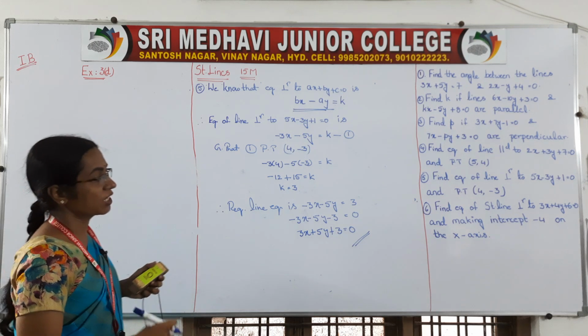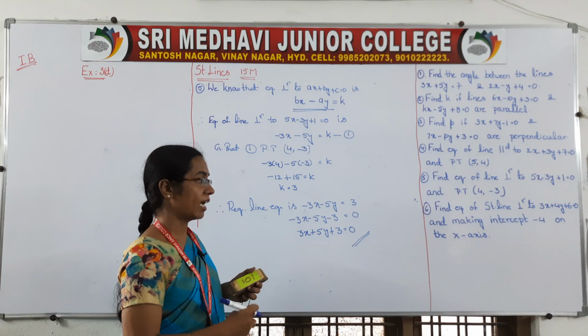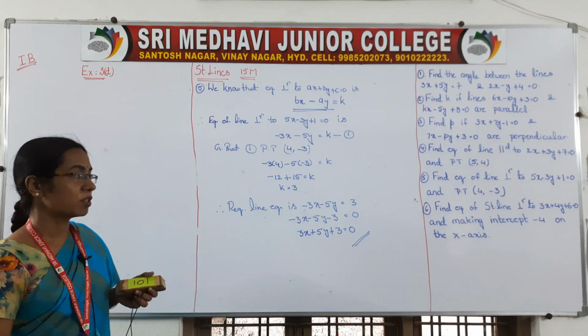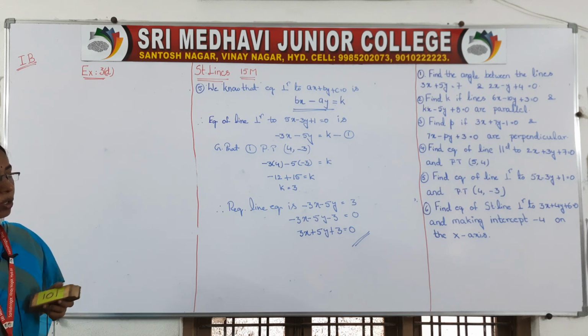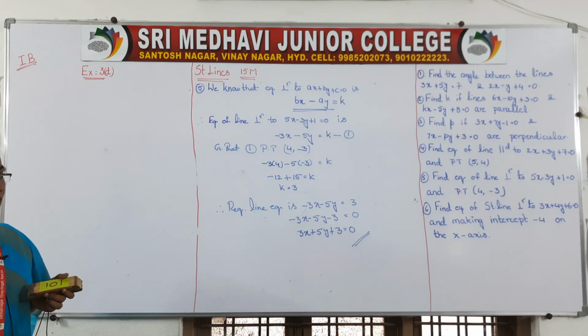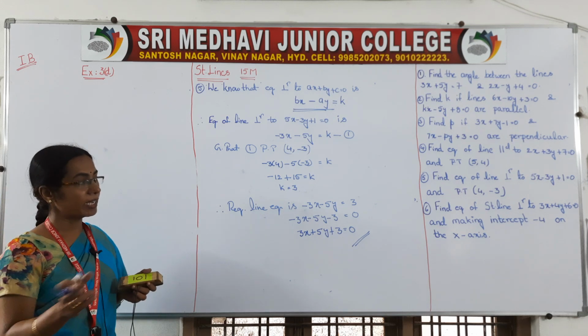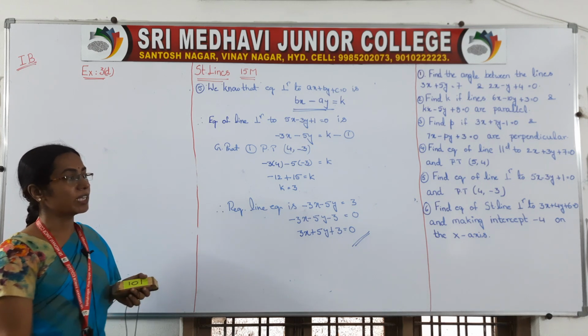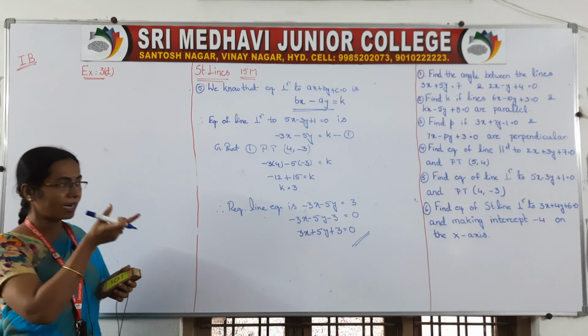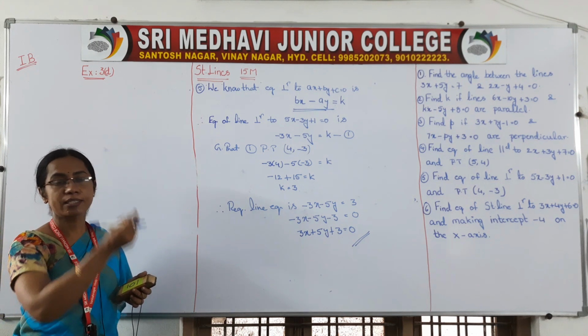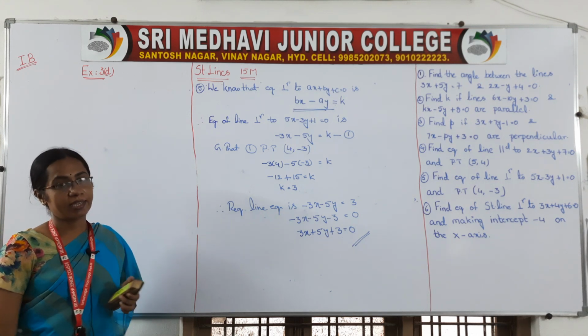Find the equation of the straight line perpendicular to that line and making intercept minus 4 on the x-axis. So here we have to find such a line which is perpendicular to 3x plus 4y plus 6 is equal to 0, and that line makes an intercept on the x-axis.